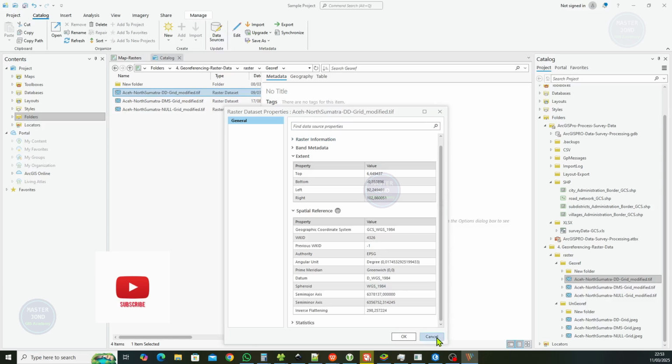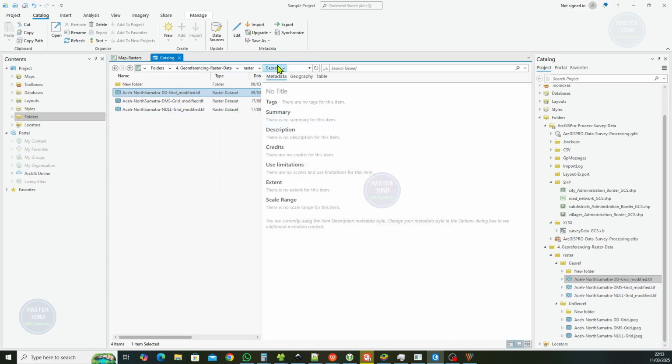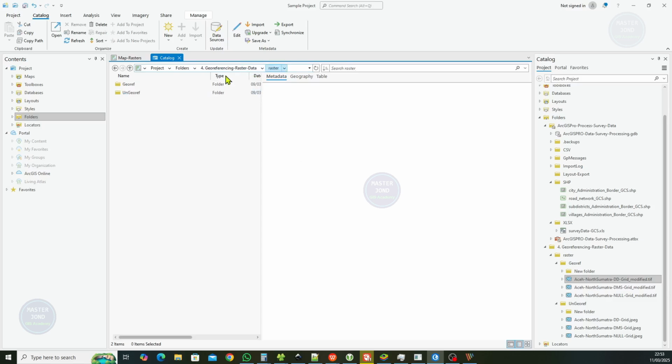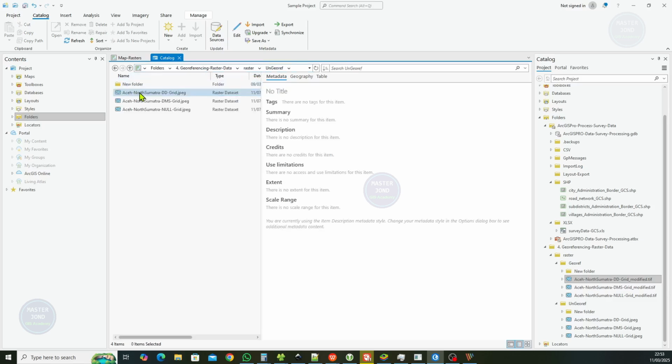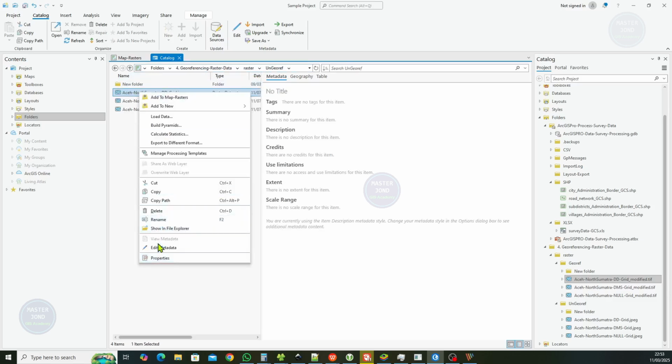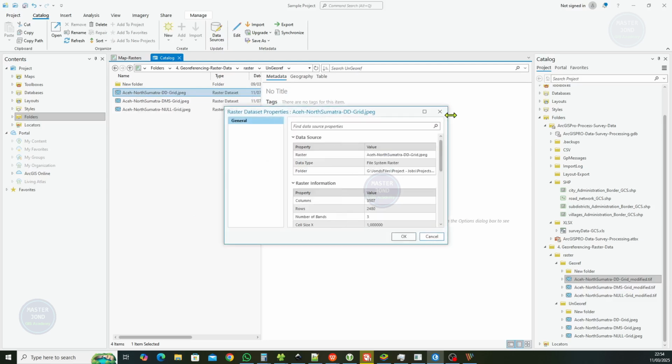We'll close it first because we cannot open these raster properties simultaneously. We need to open them one by one. So this is the georeferenced one. What about the ungeoreferenced one? Okay, we will right click and click properties as well.